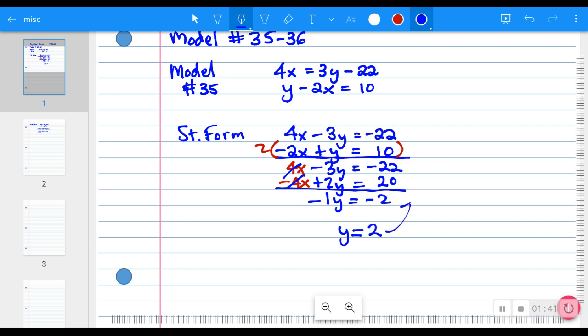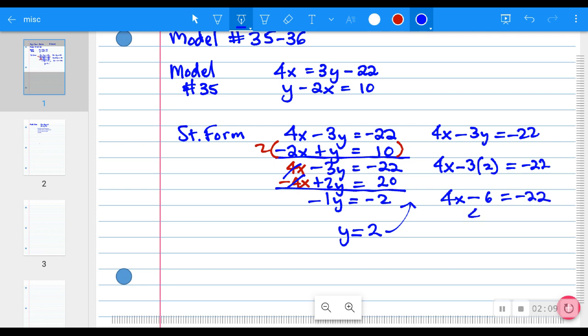So now I'm going to plug that information into the original equation, the top one that is. And we should be able to solve this once we do that. So this gives 4x minus 6 equals negative 22.